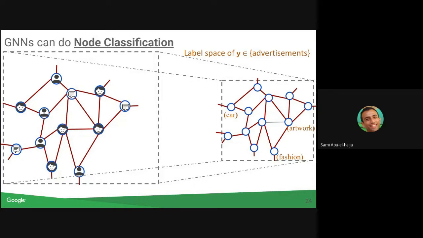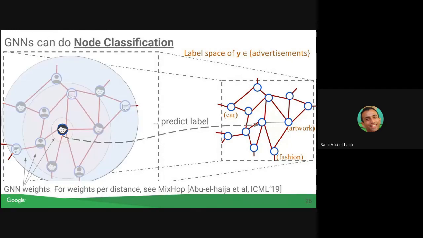So perhaps this bottom right user likes fashion, some middle user likes artwork, some user likes cars, and you are given some of those labels, perhaps by processing your log files, and you are interested in predicting the label for some node whose advertisement interests you don't know. You can do that with graph neural networks.